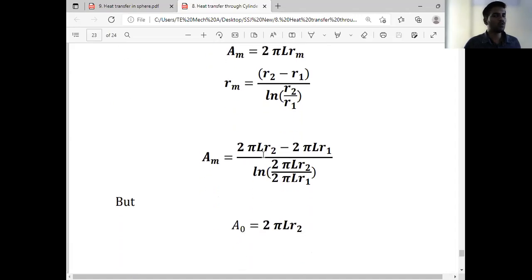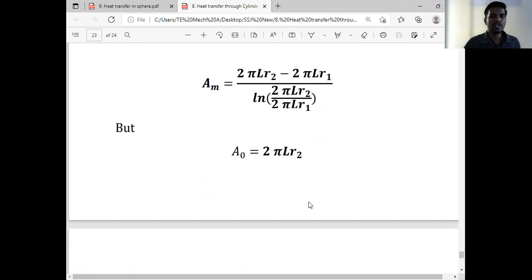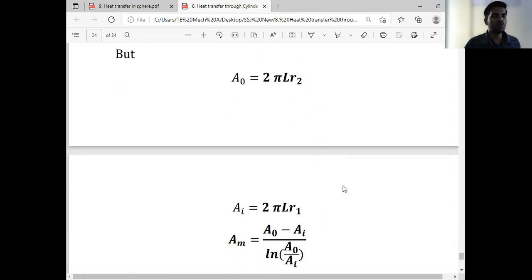AO is nothing but 2 pi L R2. आउटरचा एरियाला AO कन्सिडर केलेला आहे आणि इनरच्या एरियाला AI कन्सिडर केलेला आहे. So AO is nothing but 2 pi L R2 and AI is nothing but 2 pi L R1. So we have to put that values into that equation. So therefore AM is equal to what? AO minus AI divided by ln of AO by AI.